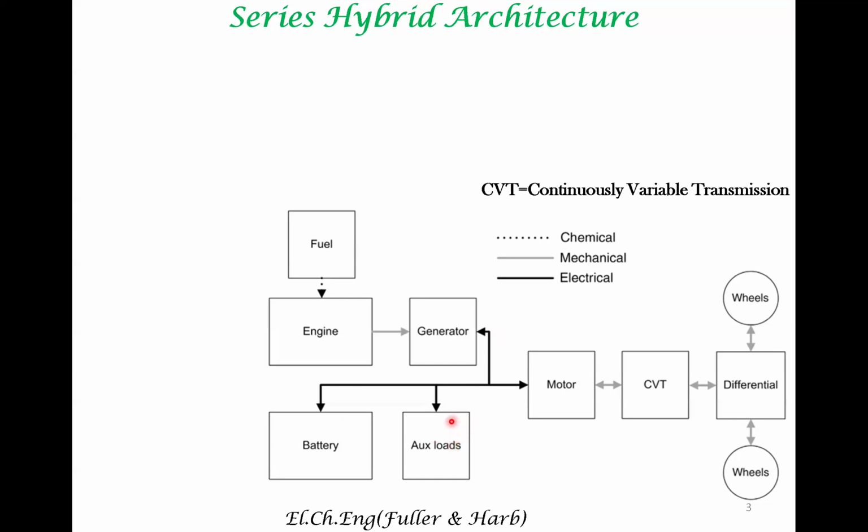All these things can be supplied from the power that is produced from the generator. And most importantly, the generator can also run the motor that is used for driving the vehicle. So there is also this pathway. So the motor can not only be run from the generator, the battery can also run this motor. So either directly the generator can run the motor or the battery can run the motor.